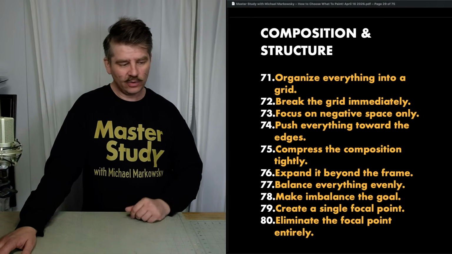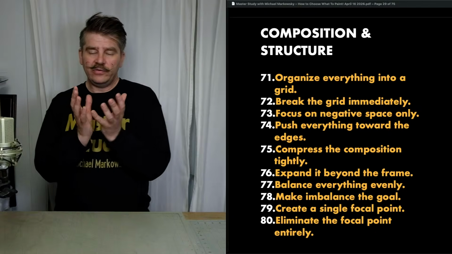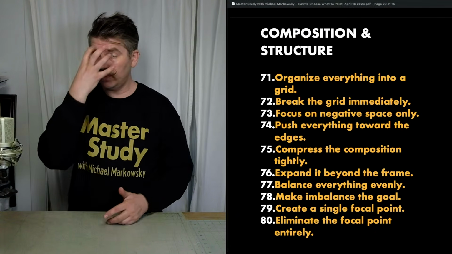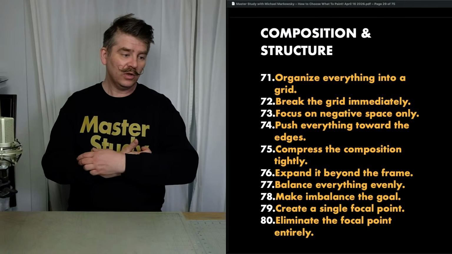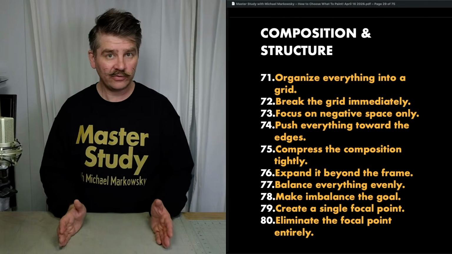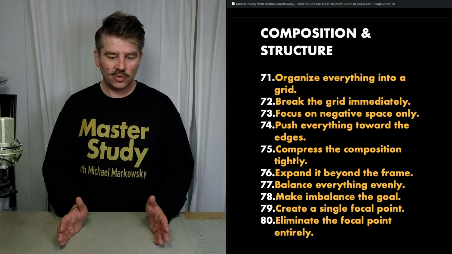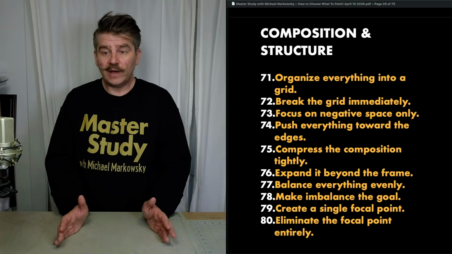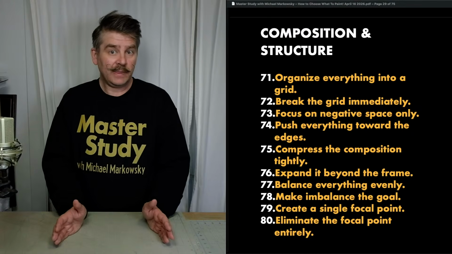So again, back and forth. A focal point is the center of focus of interest in a painting. So if it's a picture of a dog, it's probably going to be the dog's face. So what if we made a painting and we literally painted the dog's face right out, right? So all of a sudden, what was normally the central focus of that artwork disappears.